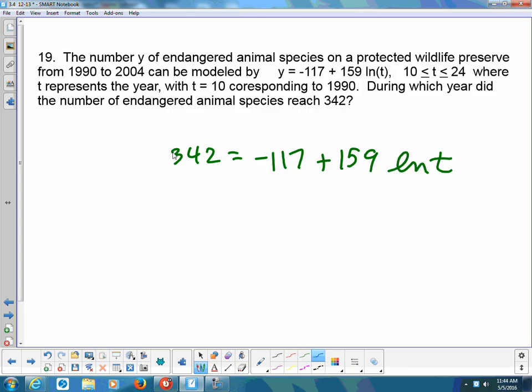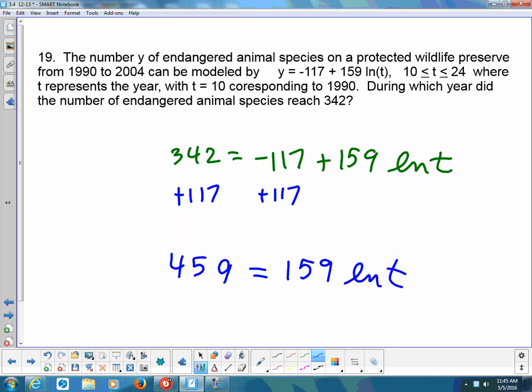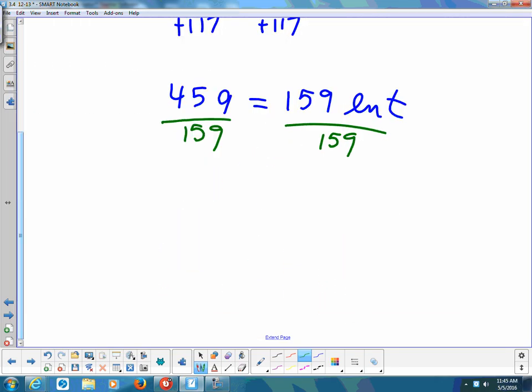I would start this off by adding 117 to both sides. And when I do that, 342 plus 117 is, doing this in my head, hopefully this is good, 459 equals 159 times ln of t. I would then divide both sides by 159, and so I've got 459 over 159 equals ln of t.